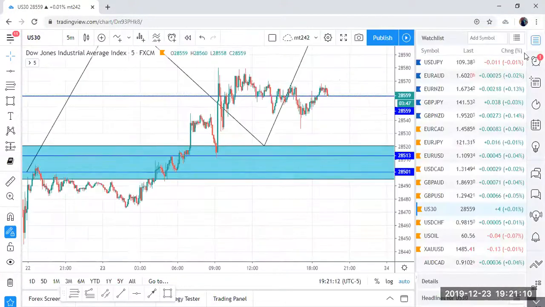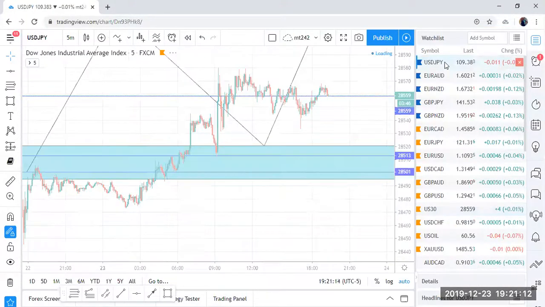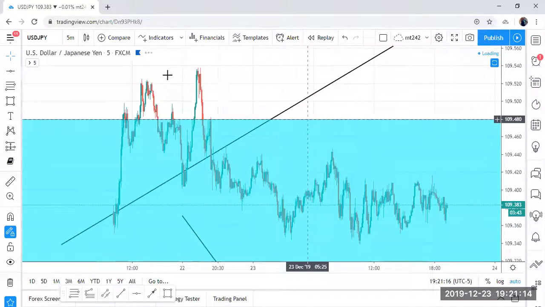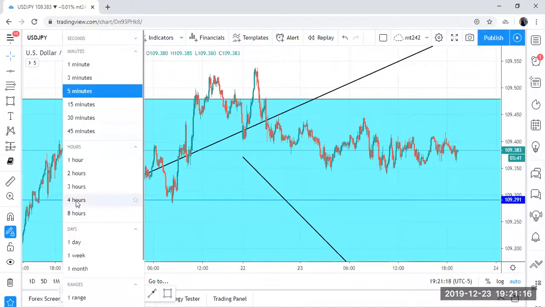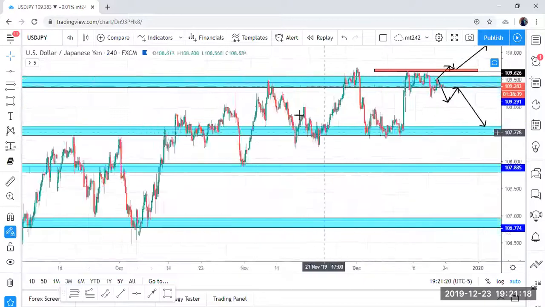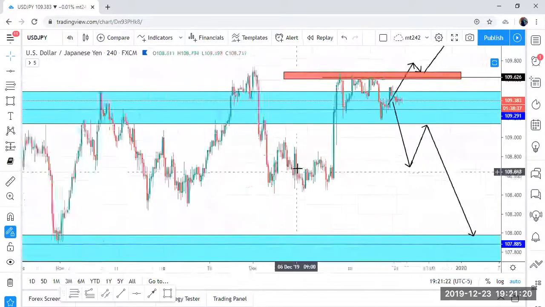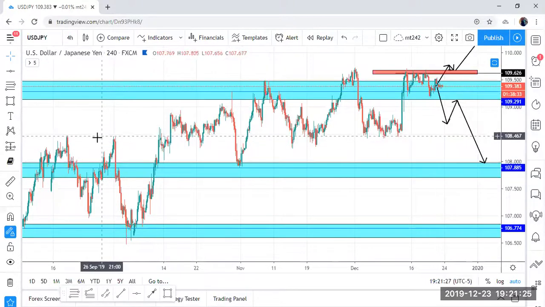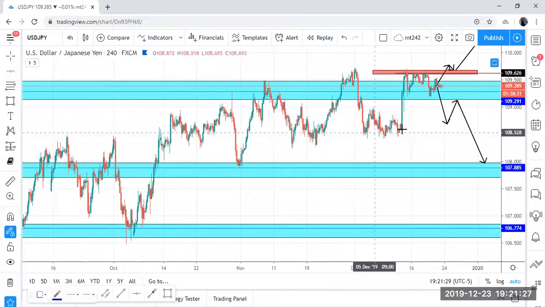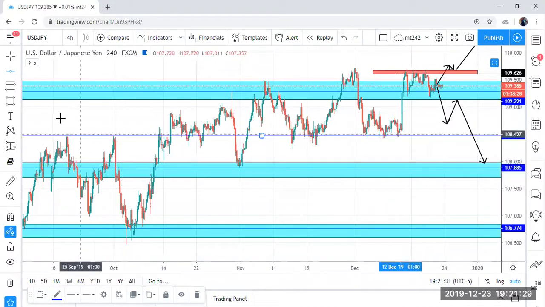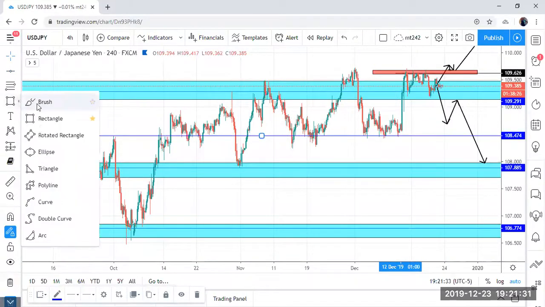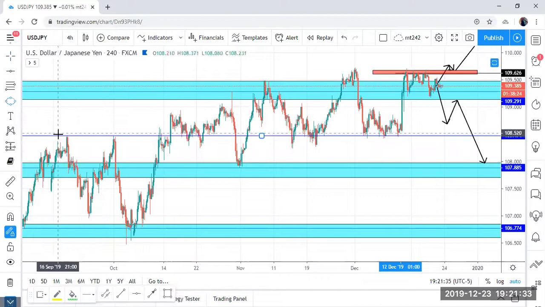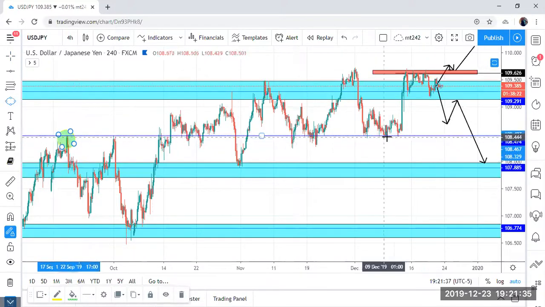So no setup on US 30. Four hours. So what would trigger me to say I want to take a look at this pair is if I see a support level or resistance level turn into support.